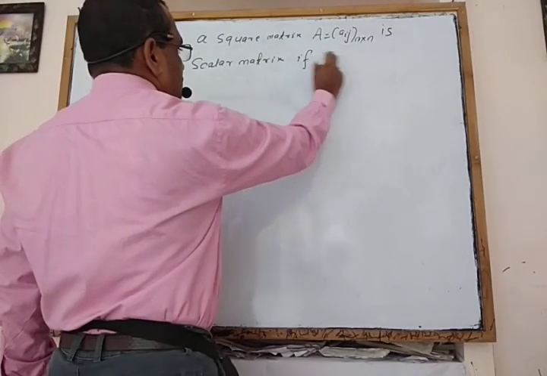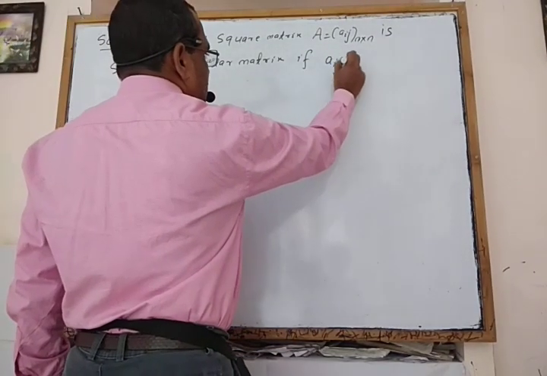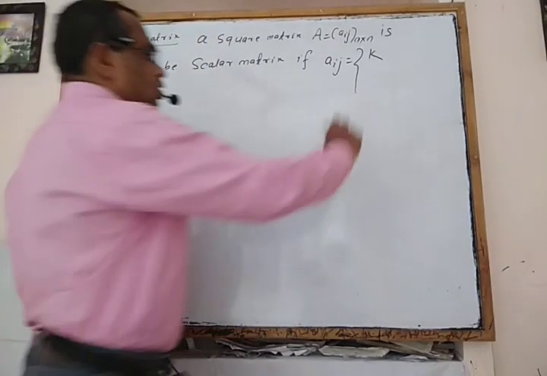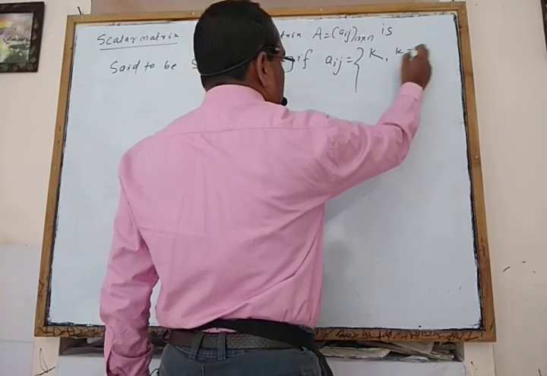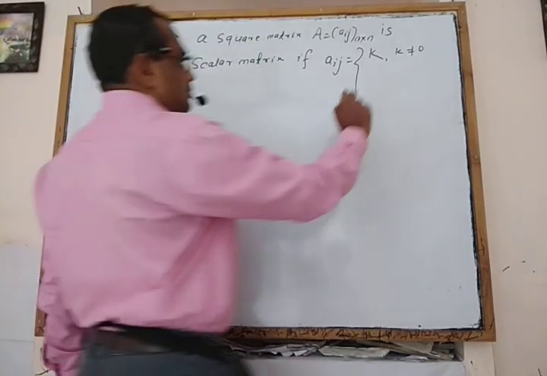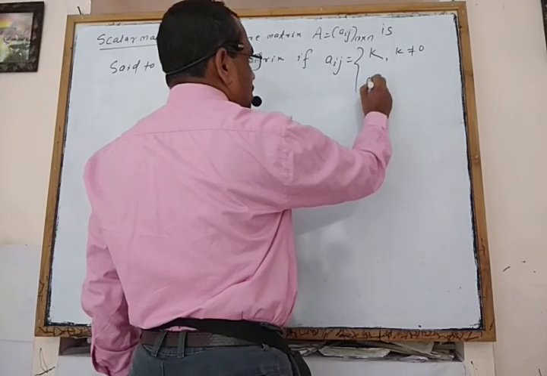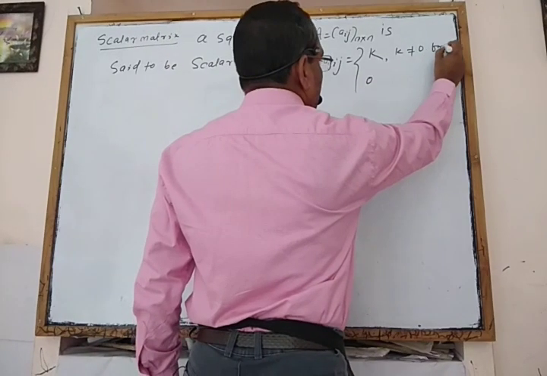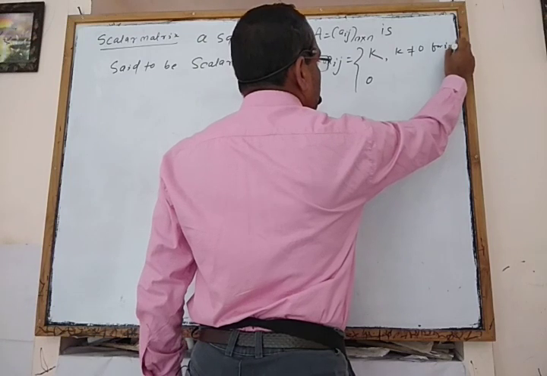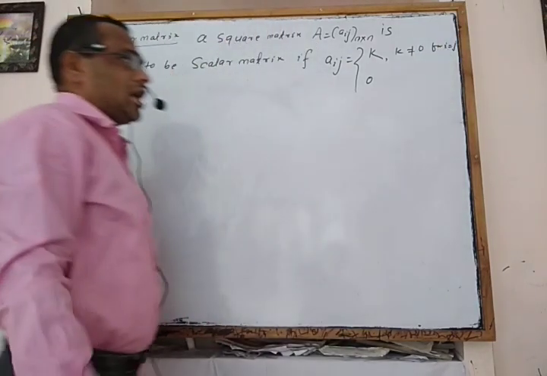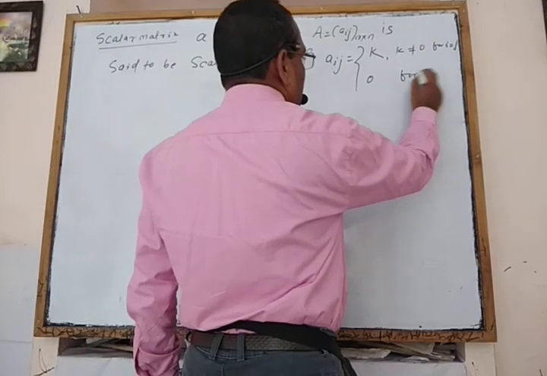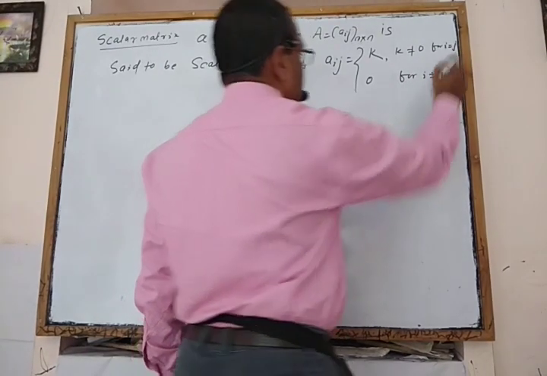if aij is equal to k, but k not equal to 0, k belongs to R, for i equal to j, and 0 for i not equal to j.